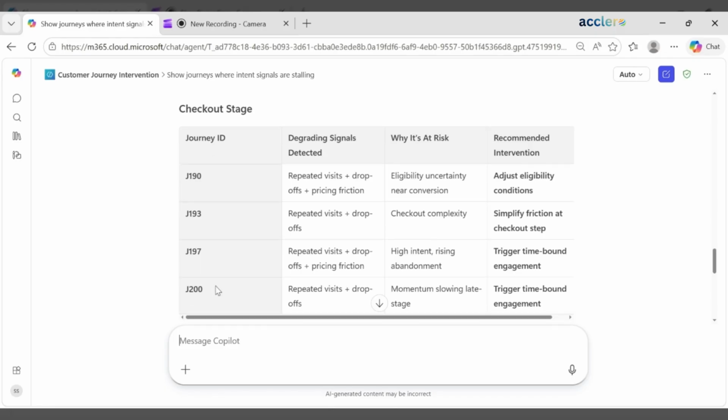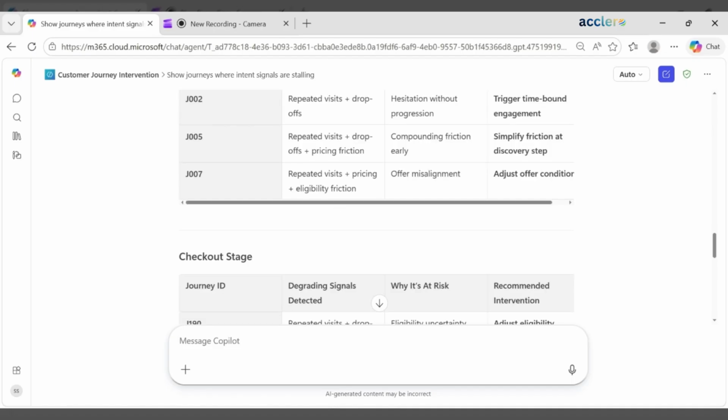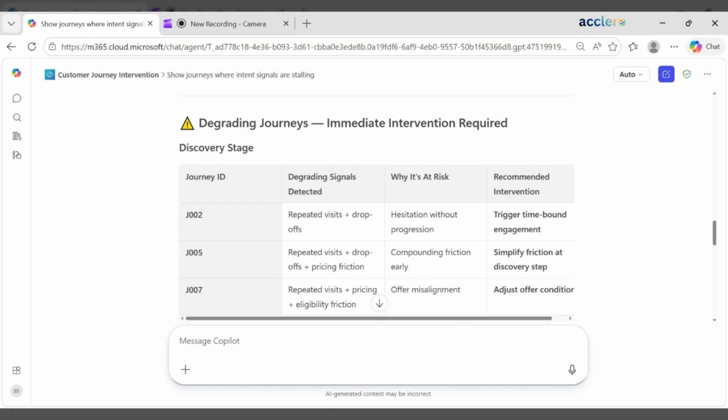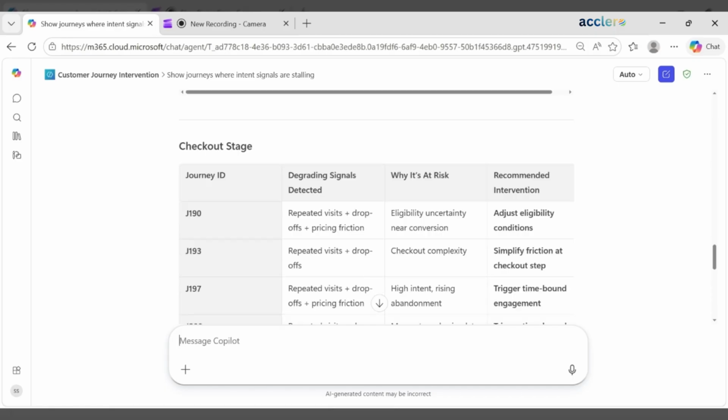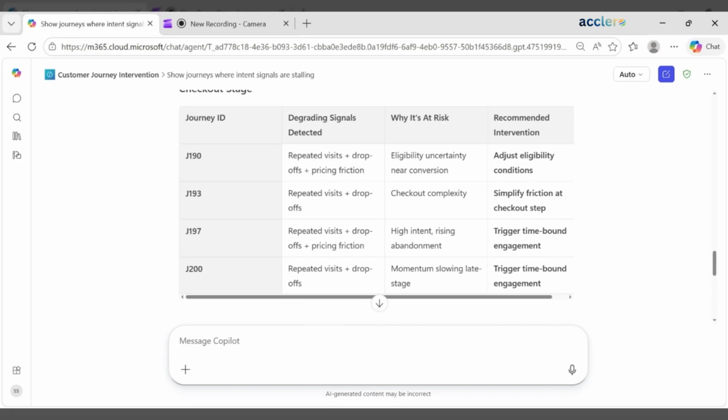The signals show repeated visits, then drop-off and abandoned patterns compounding. The journeys show declining momentum, meaning the risk of conversion loss is increasing rapidly.